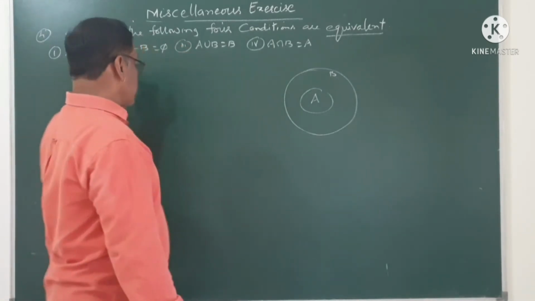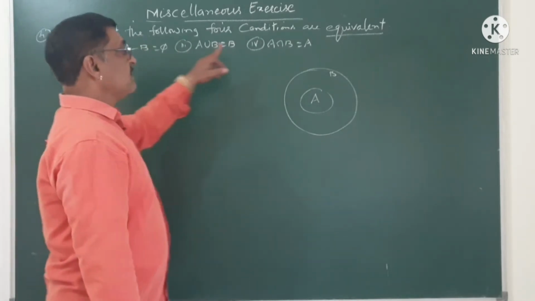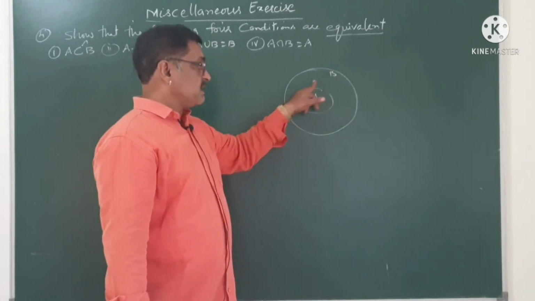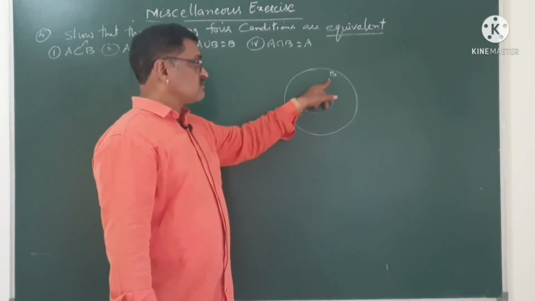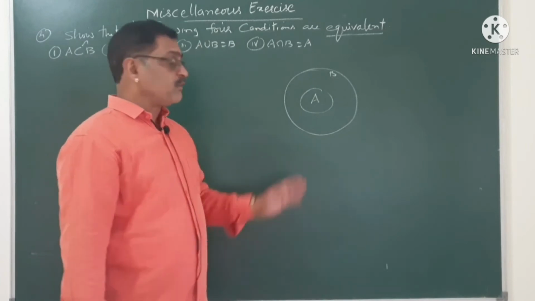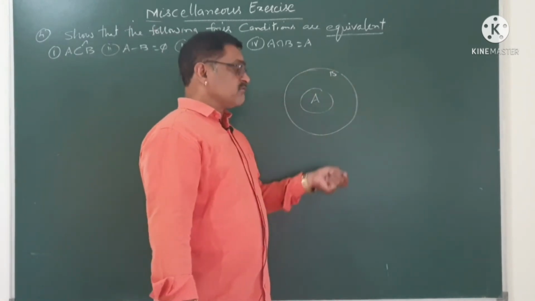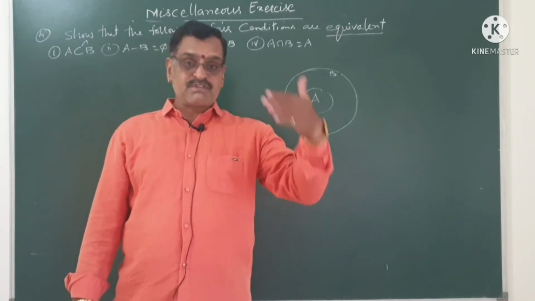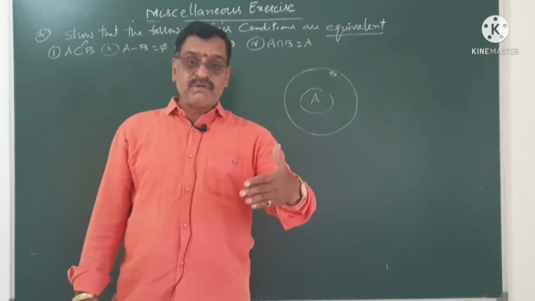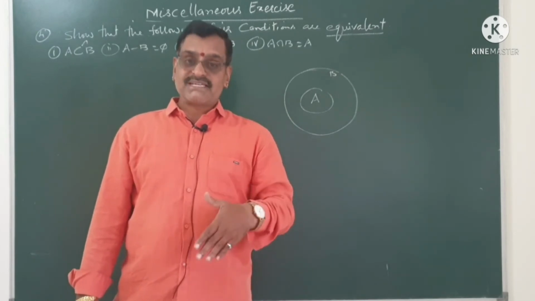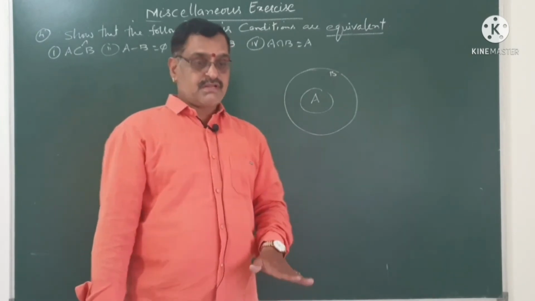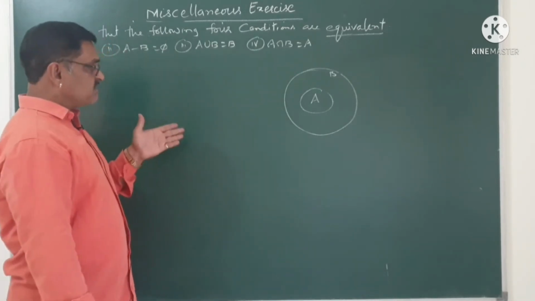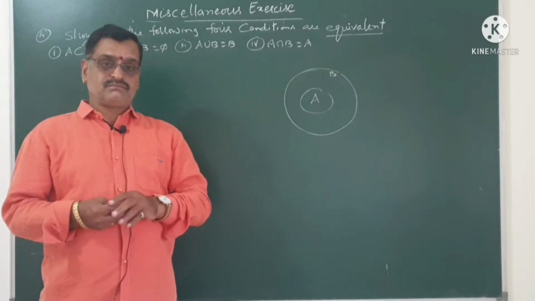The next one is, when A is subset of B, A intersection B is equal to A. When A is subset of B, all the elements of A belong to B. Therefore, the intersection of these two sets gives you the smaller set. So when A is subset of B, A union B is the superset, A intersect B is the small set, and A minus B is equal to phi. You can do this by examples also.